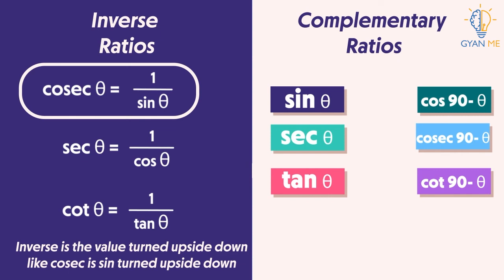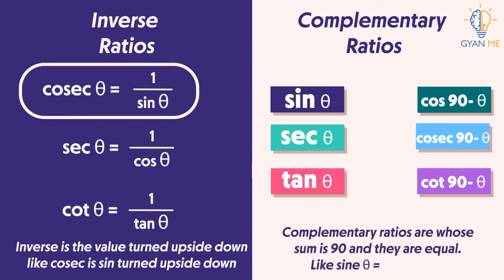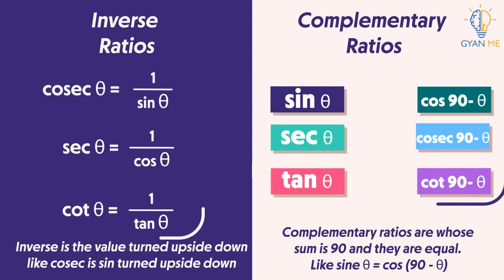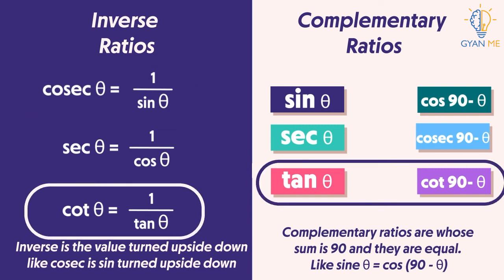While complementary ratios are those whose angles sum to 90, and their values are equal, like sine theta is equal to cos 90 minus theta. This means in a complementary pair, the two ratios are equal, while in an inverse pair, they may or may not be equal. With one exception, tan and cot are also magically both the inverse and complementary ratios.